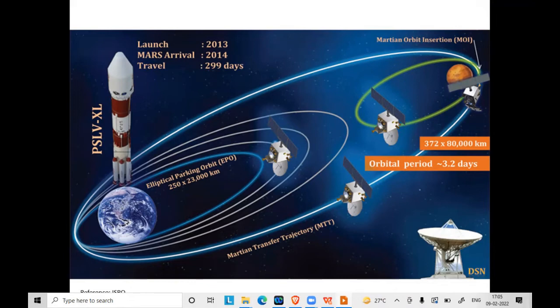Because first of all, any space mission has its own budget, and there is always a constraint on using fuel. More fuel leads to an increase in the overall mass of the whole spacecraft. And then there is a constraint on how much actual payload, their mass, sensors, how those should be incorporated in that mission.